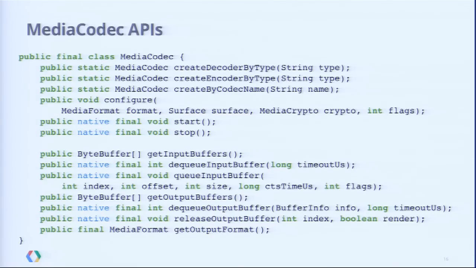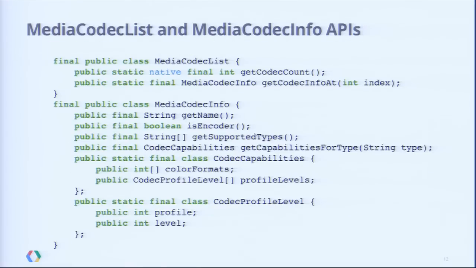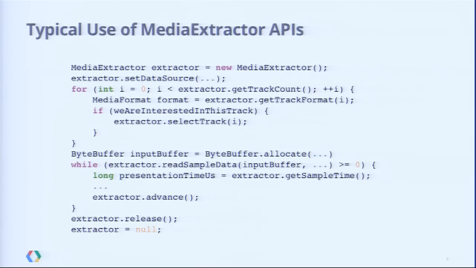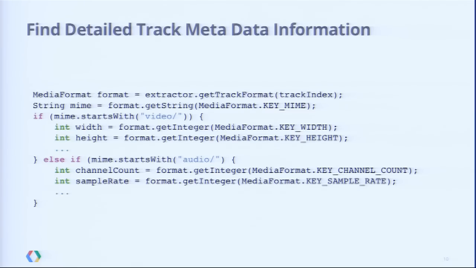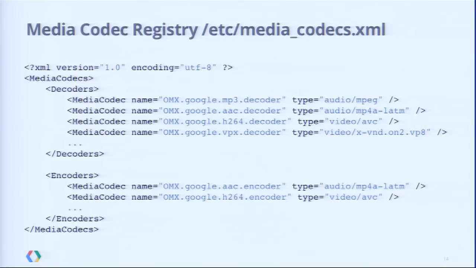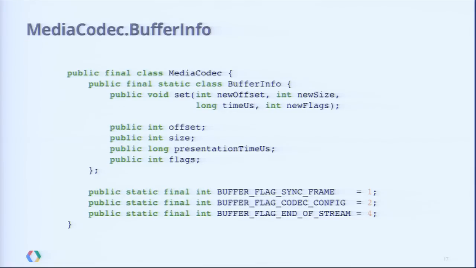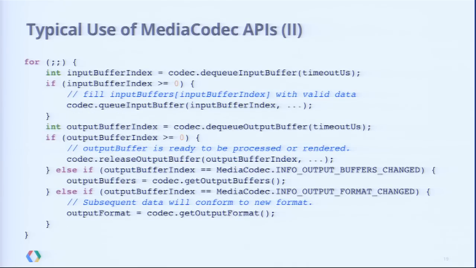Usually you can get this media format as the return value from your media extractor. Let me go back a few slides to show you. For example, get track format returns the media format object. So you can just pass that media format object to the configure method.